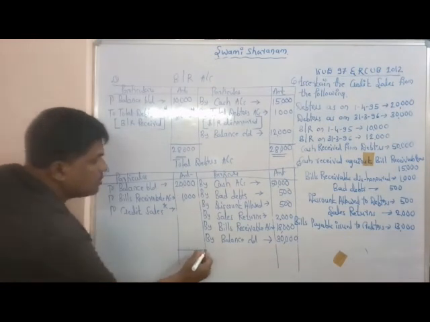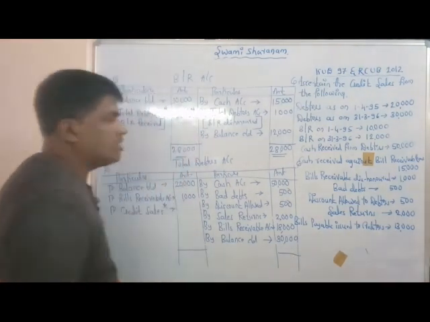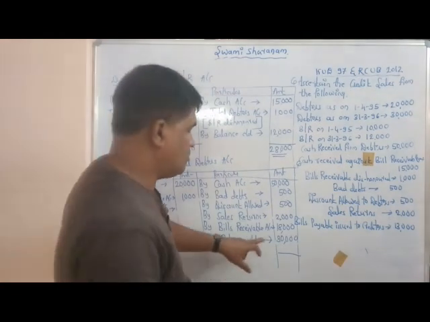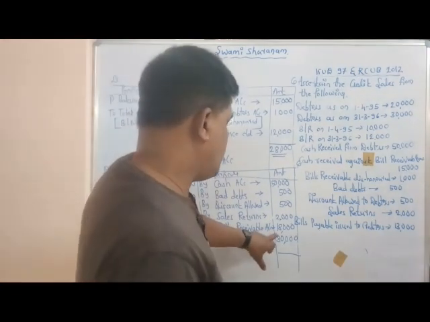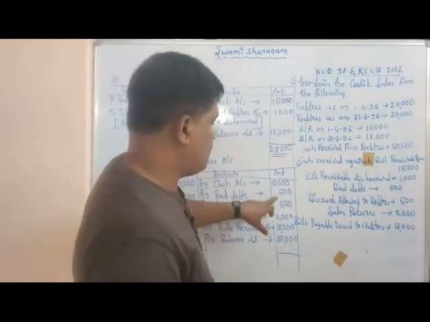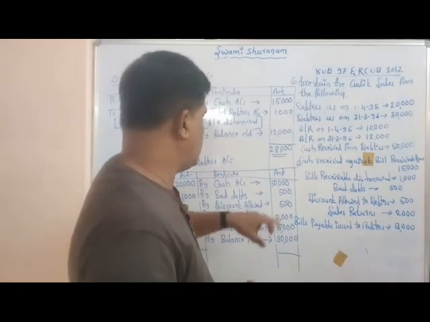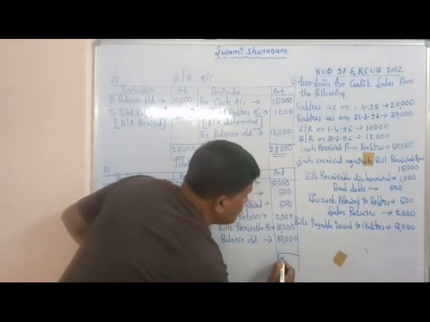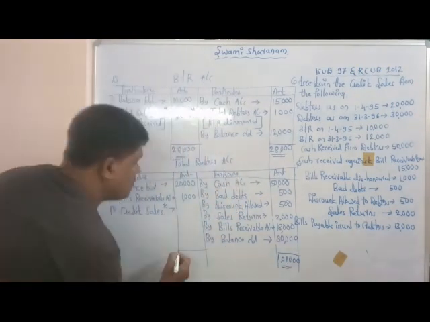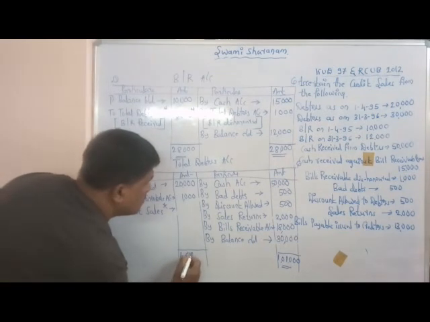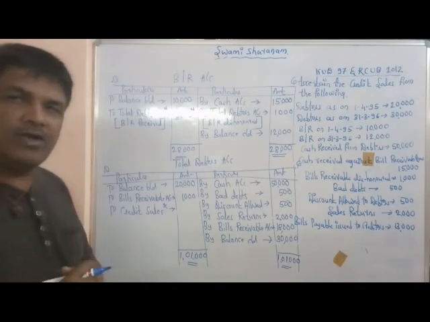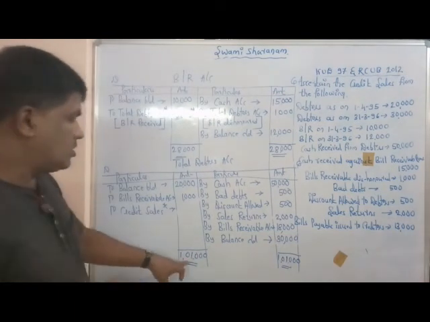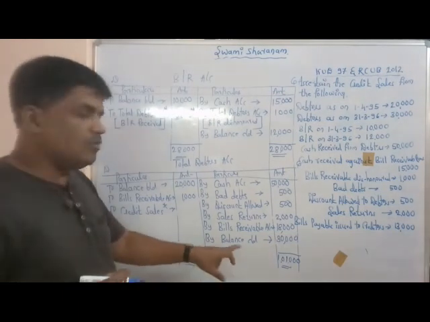Then you total the credit side of the total debtors account. How much does it come to? 30,000, 48,000, 50,000, 51,000, so it comes to 1,01,000. So the total of the credit side is 1,01,000.